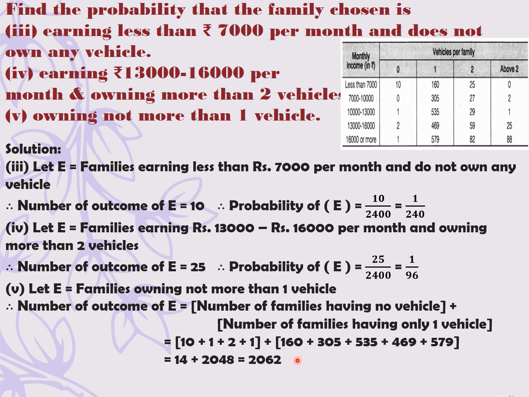So this number of families is the outcome for the event E. That means the families were not owning more than one vehicle, either one or no vehicle. Hence the probability for this event E would be 2062 by 2400. This is the total number of outcomes for the event E and this is the total number of families. Hence the final probability will be 1031 by 1200.